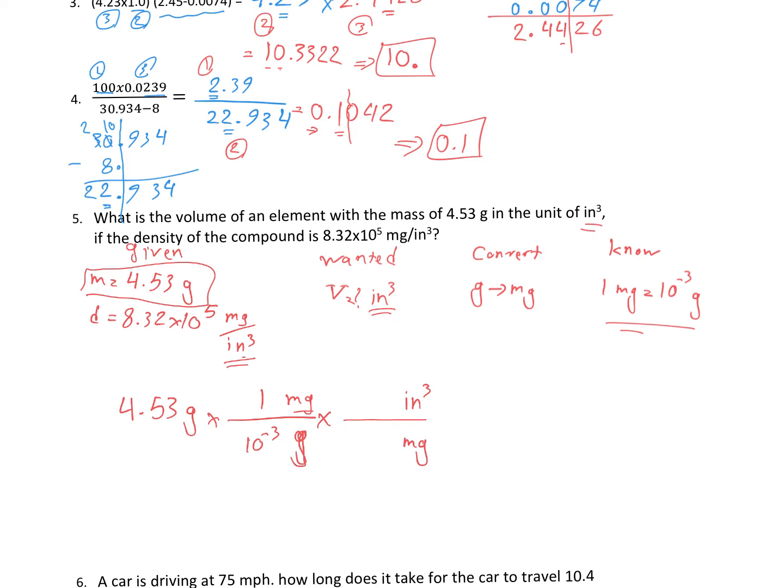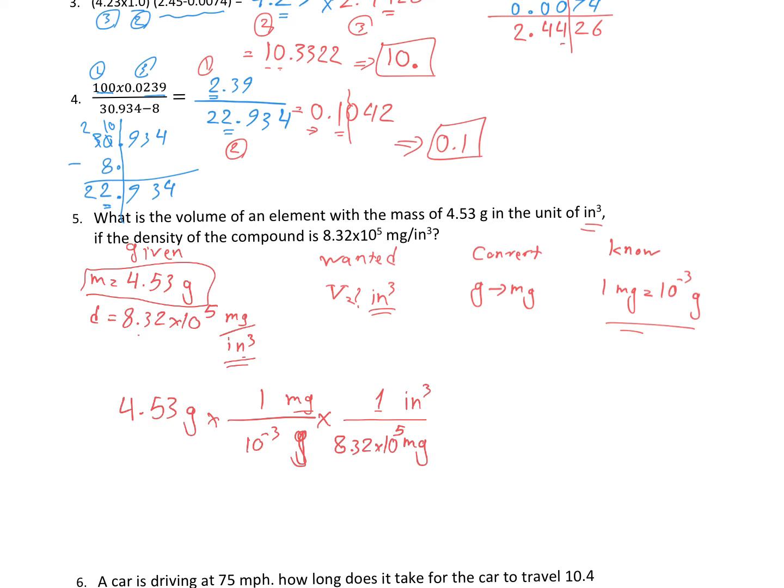So the density says this number of milligram is in 1 cubic inch. That's the definition of the density and definition of the unit, okay? So that's how I'm going to write it. 8.32 times 10 to 5 is 1 cubic inch. Okay, does that make sense?